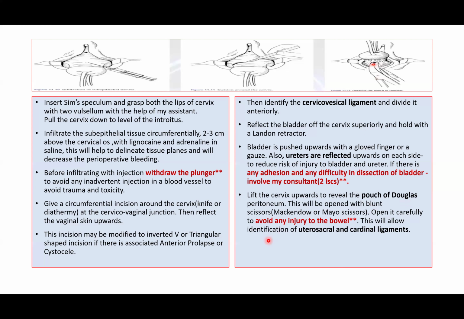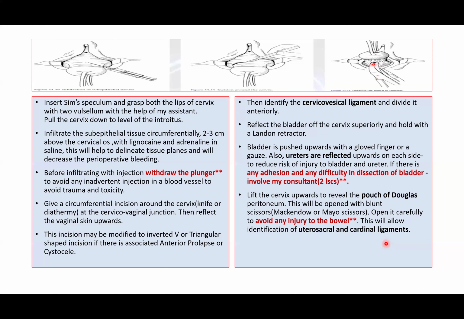This will allow identification of the uterosacral and cardinal ligaments. So this is going to be your first pedicle here, because in vaginal hysterectomy, we know we are going from down to top. Uterosacral cardinal ligaments. After that, there will be your uterine pedicle, then your round ligaments, ovarian ligaments, and all.